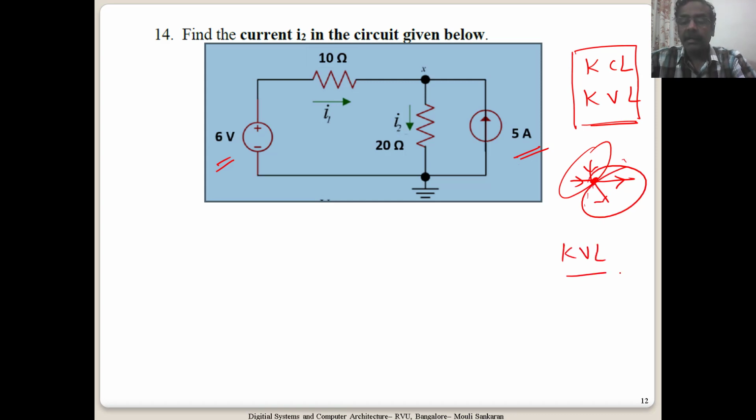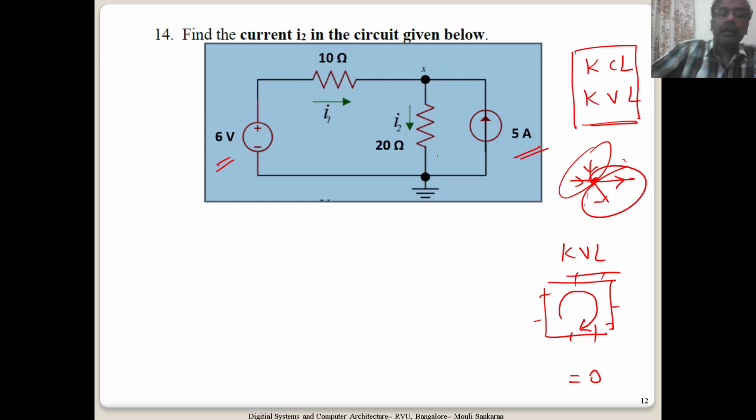Now, what is KVL? If you sum up the voltages inside a loop, they will all be equal to 0. It's a conservation of energy. So the sum of voltages of a closed loop circuit will be 0. These two are the basic laws with which we are going to solve this problem.